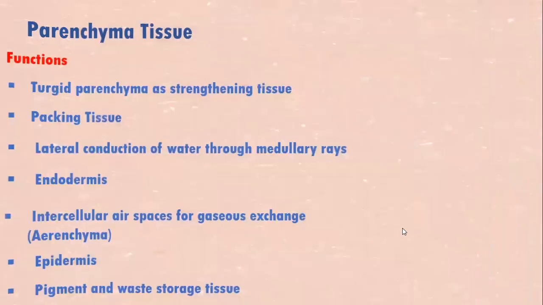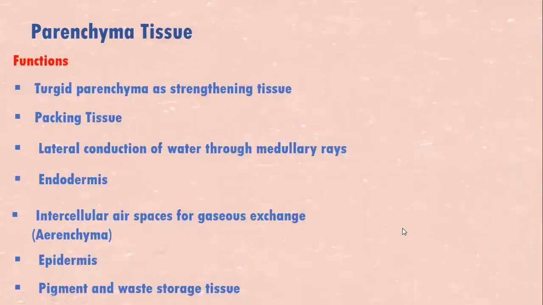Now, we want to look at functions of the parenchyma tissues. Plenty. We talked about turgid parenchyma as a strengthening tissue with collenchyma in primary tissues of plants. When the plant is still growing, it hasn't thickened yet, it's herbaceous, then you have turgid parenchyma and collenchyma as strengthening tissue.